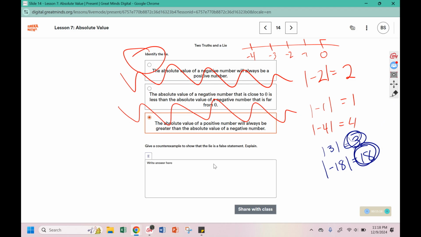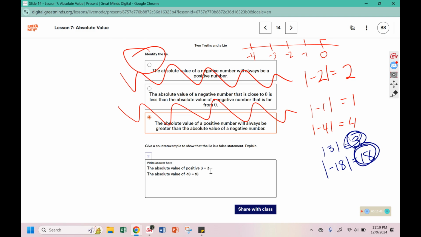And it says give a counterexample. We just had one over here on the right in blue. The absolute value of positive 3 is equal to 3. The absolute value of negative 18 is equal to 18.